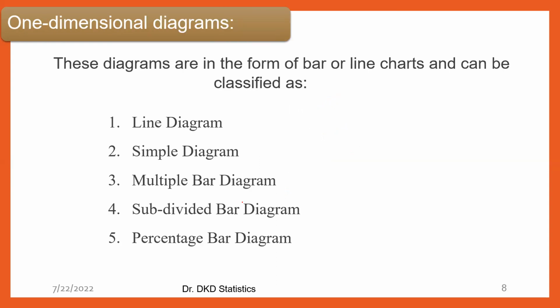Now we'll go for the one dimensional diagrams, like the line diagram, simple bar diagram, multiple bar diagram, subdivided diagram, percentage bar diagram, with different nomenclatures. We'll discuss them one by one.